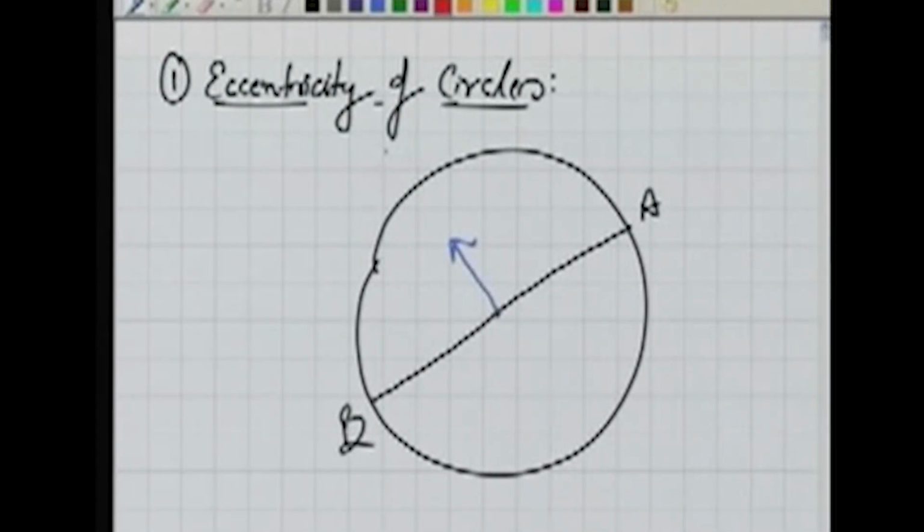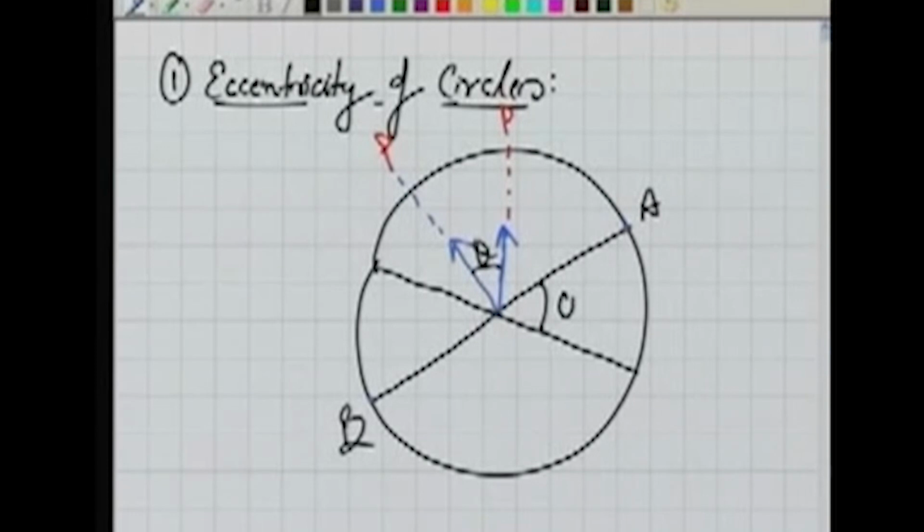If there is a ranging rod here, I take a line of sight to this ranging rod, and I take the observations in A and B. Then I take another line of sight, let us say this way, to another ranging rod. And here what will happen? Our verniers will rotate by some angle. So the angle between the objects, theta, is the same angle which is being measured here.